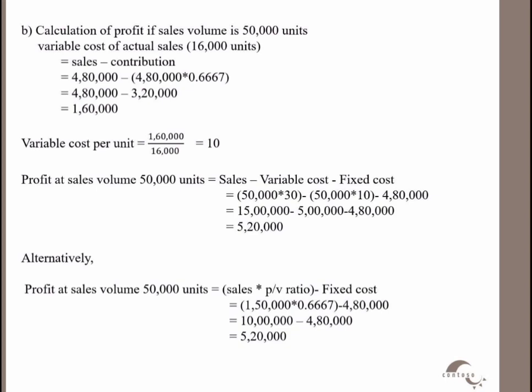Alternatively, there is another method: profit at sales volume 15,000 is equal to sales into PV ratio minus fixed cost. That is 15,000 into 0.6667 minus 4,18,000. Again we get the same answer, 5,20,000.